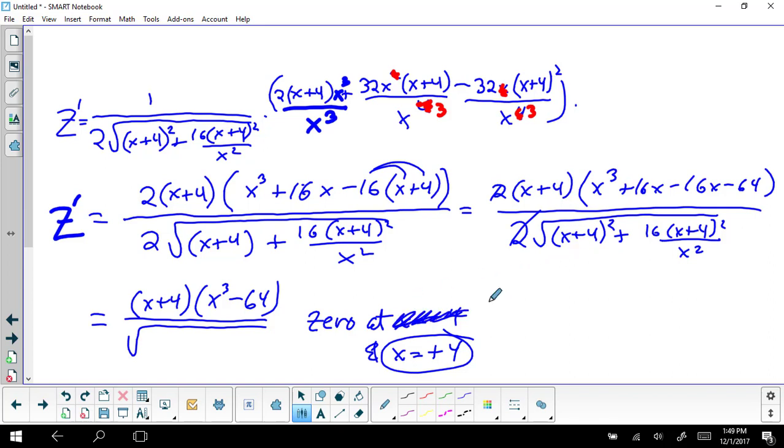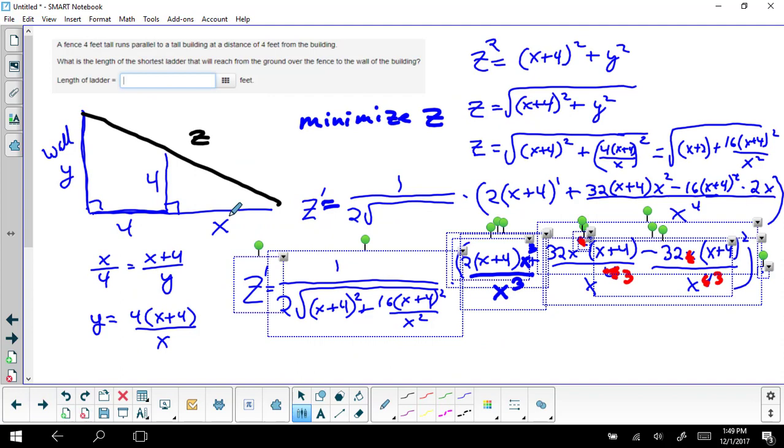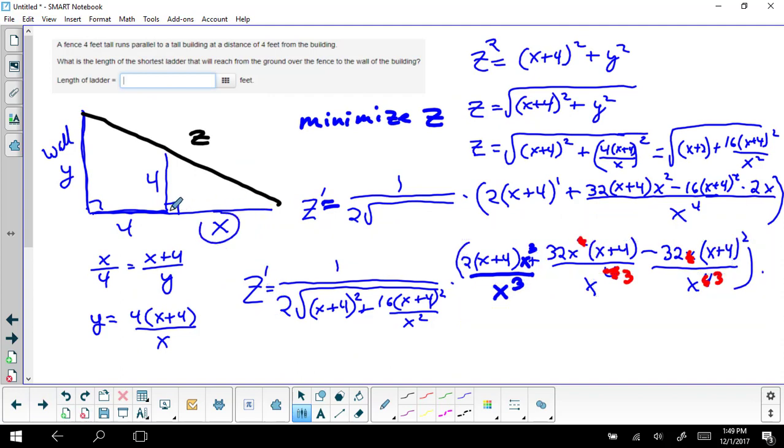So really, it just looks like the only possibility here is positive 4. 0 being undefined, we're not going to have a length of ladder being 0. It's impossible for this distance to be 0 and right up against the fence and still go over and reach that wall.